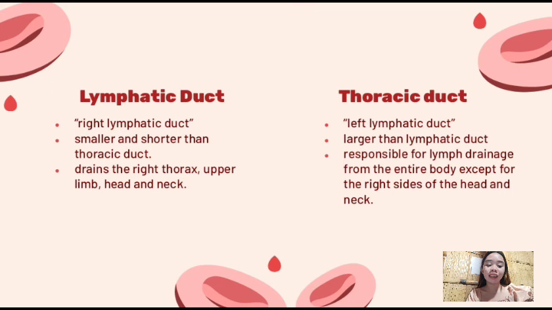The right lymphatic duct is smaller and shorter than the thoracic duct. It drains most of the lymph on the right upper part of the body, while the thoracic duct, our left lymphatic duct, drains the lower quadrant of our body, including the extremities and abdomen.